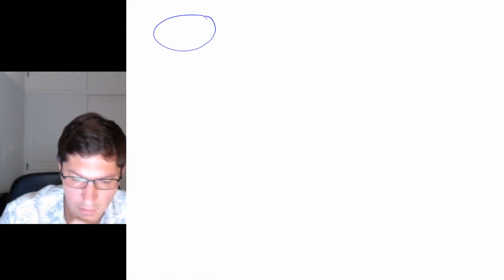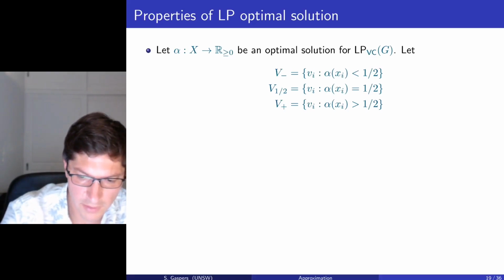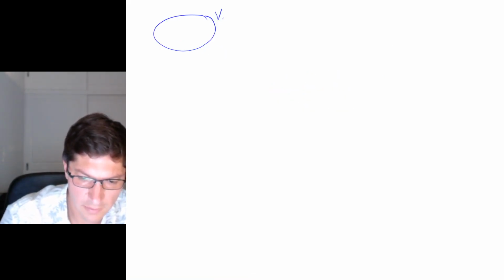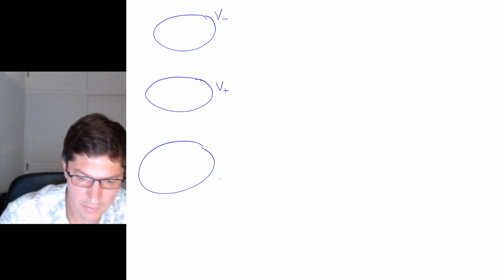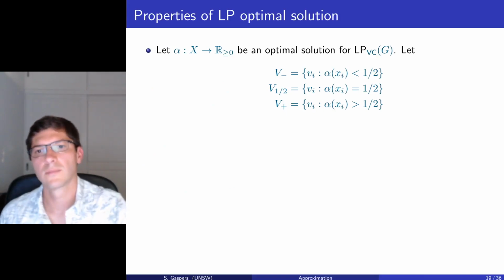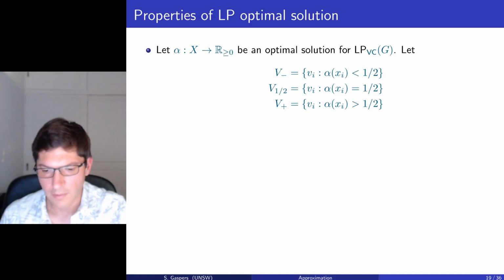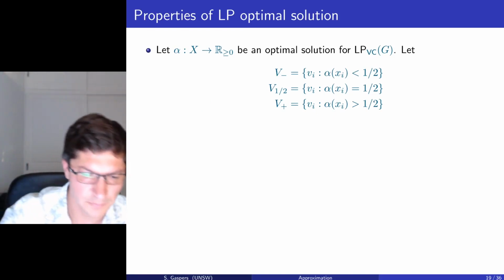Okay, so let me draw this here. So here we have V minus, we have V plus, and then V 1/2. So what can we observe now?